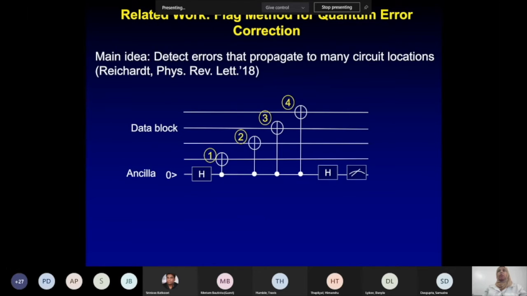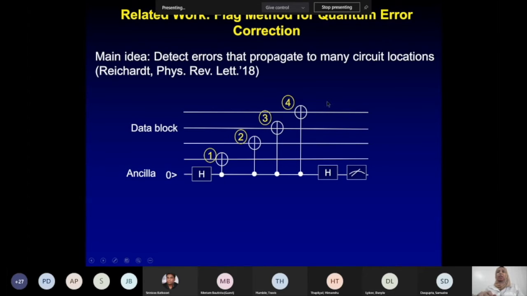There is also another interesting work, and this is more in the fault-tolerant quantum computing domain, which is the flag method for quantum error correction. And so, as we all know, in quantum error correction, we encode the logical qubit into physical qubits, and then we use a syndrome extraction circuit to detect errors in these physical qubits.